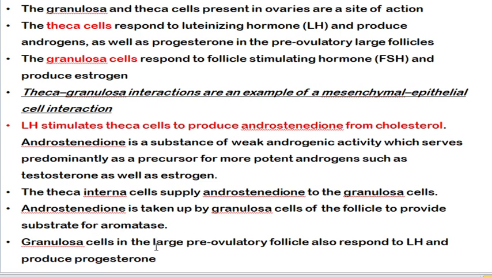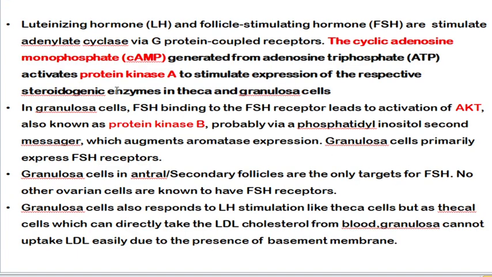Granulosa cells in the large pre-ovulating follicle also respond to LH and produce progesterone hormone. So luteinizing hormone and follicle stimulating hormone stimulate adenylyl cyclase via G protein coupled receptor.